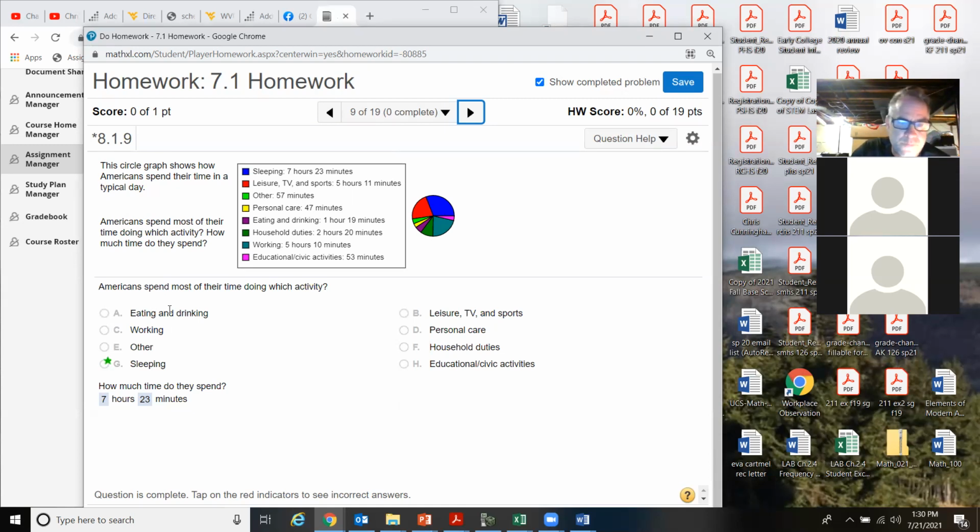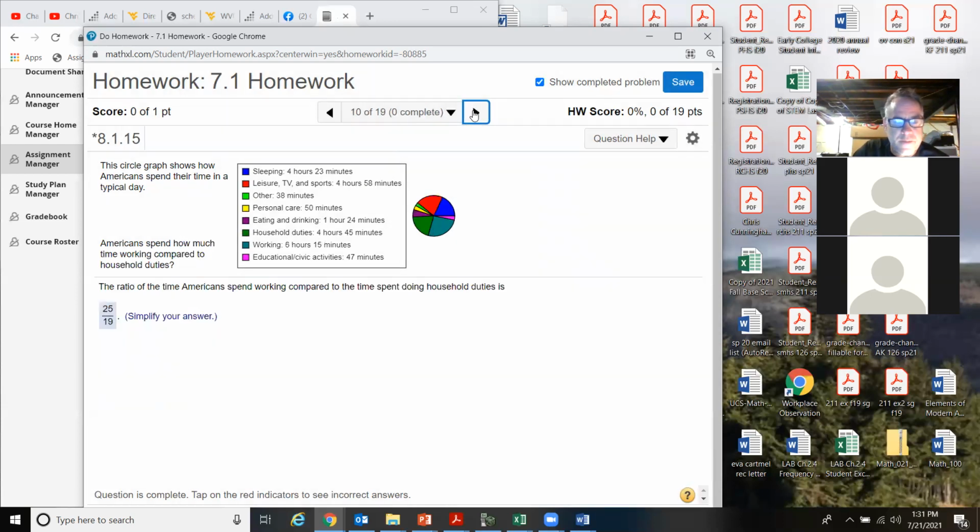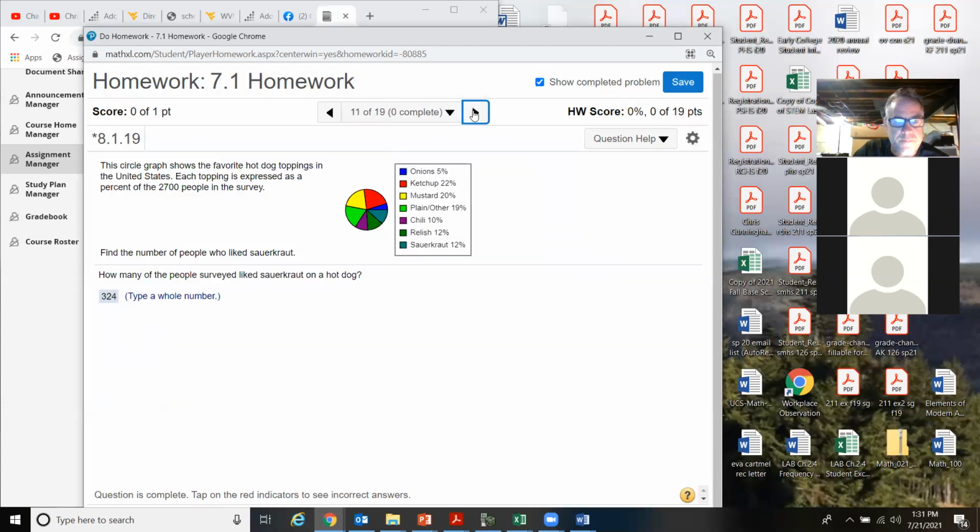When it asks where Americans spend their most time, the blue is definitely taking up the most. So if I just looked at the circle graph, I would say it's sleeping. You can also look at the table, and it's more than any of these other activities. And then how much time do they spend? It's right there. Okay. And it's the same.